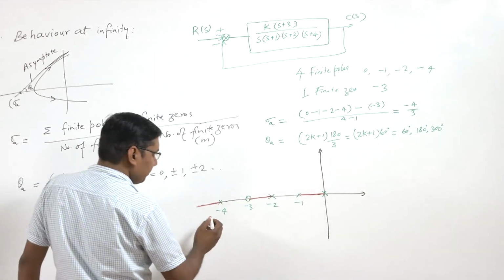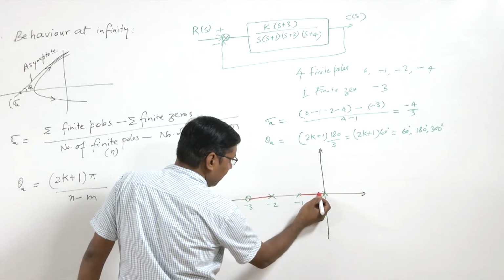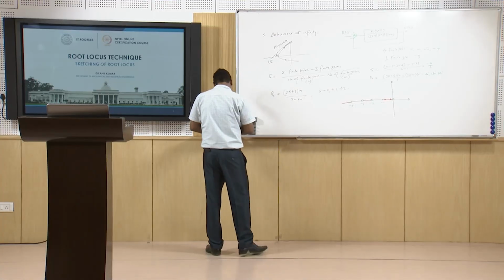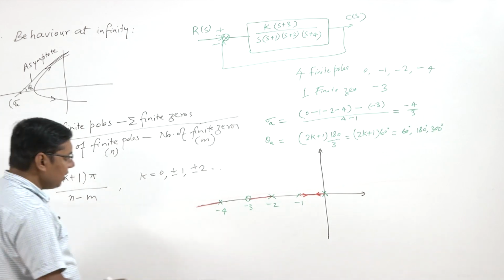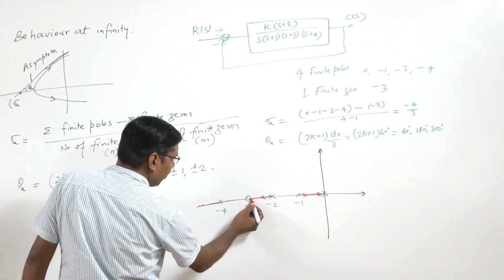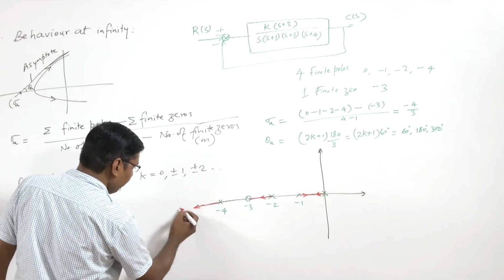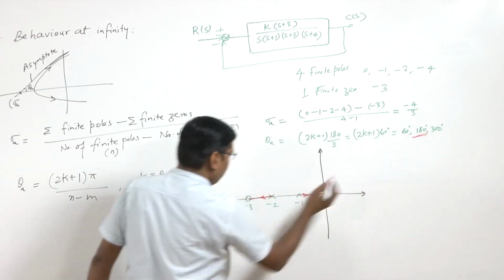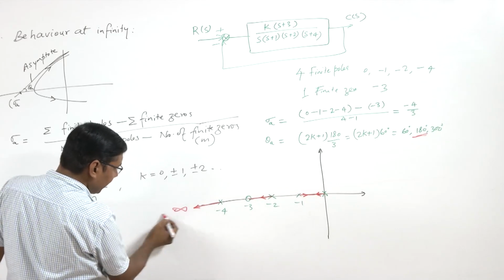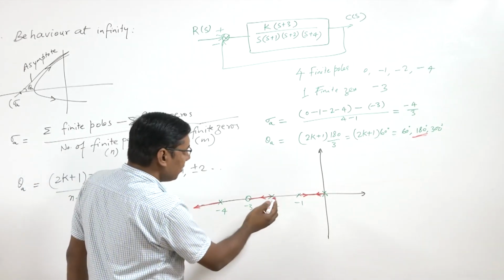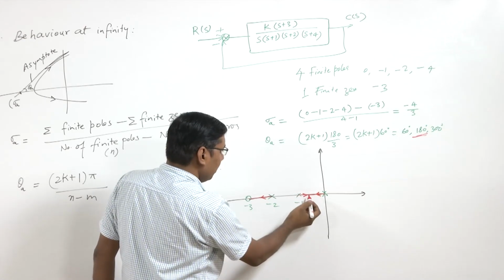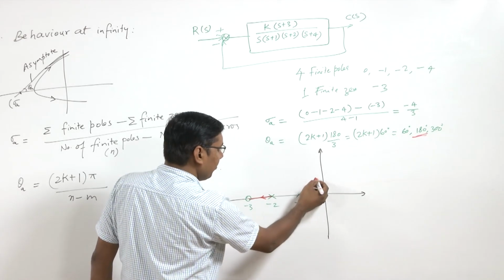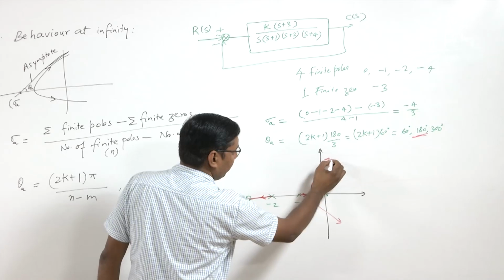So we see that it will start here, and it will start here, because the root locus starts at poles. This root locus will start and end at the zero, and this root locus will start and go to infinity, because there is 180 degrees. So this root locus is going at 180 degrees, and the other two will diverge here into the complex plane and lead like this to infinity.